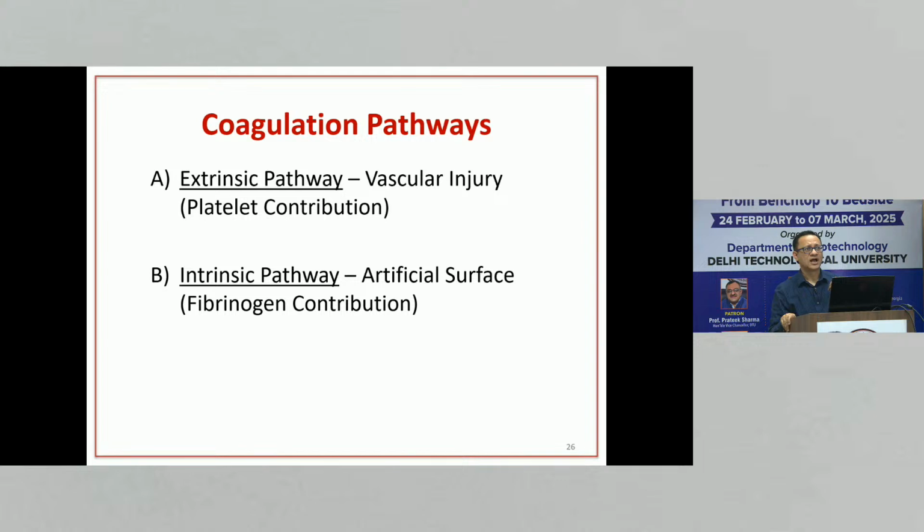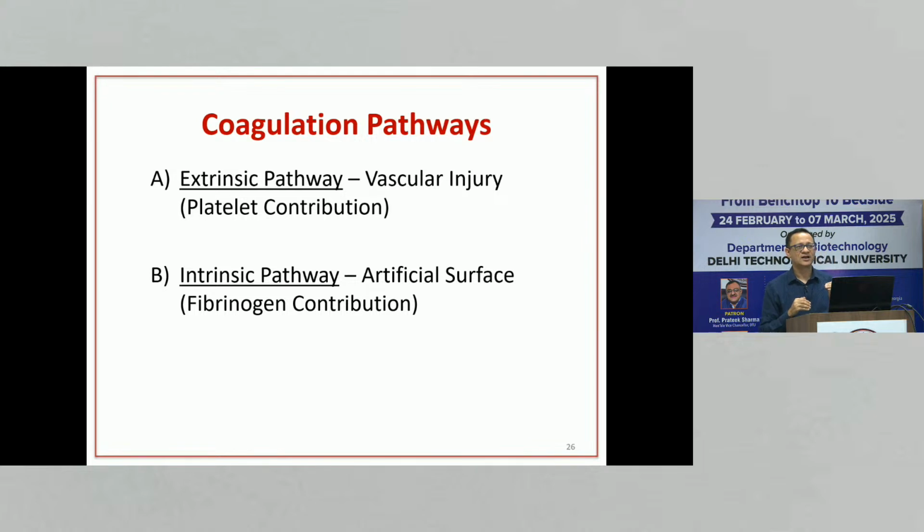Okay. How I remember it is, the extrinsic pathway is like an injury. So external, you have a cut, it's the extrinsic pathway. And when you get a cut, platelets have a big contribution, right? Because platelets need to recognize that cut and start plugging immediately, otherwise you will keep bleeding.